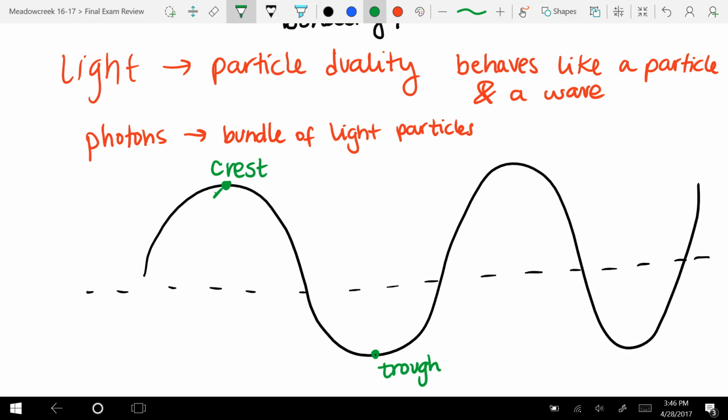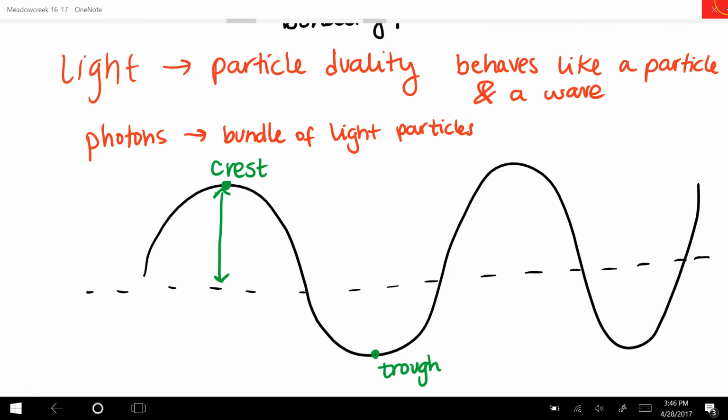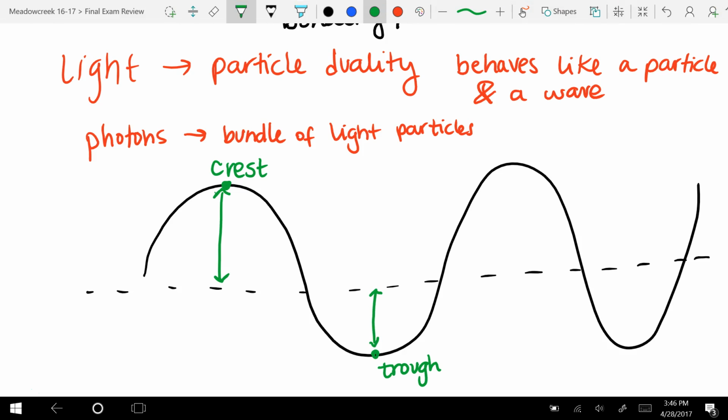The distance from the top of the wave to the center, or the bottom to the center, is called the amplitude. You can measure it either way. And the distance from crest to crest, or trough to trough, is called the wavelength.